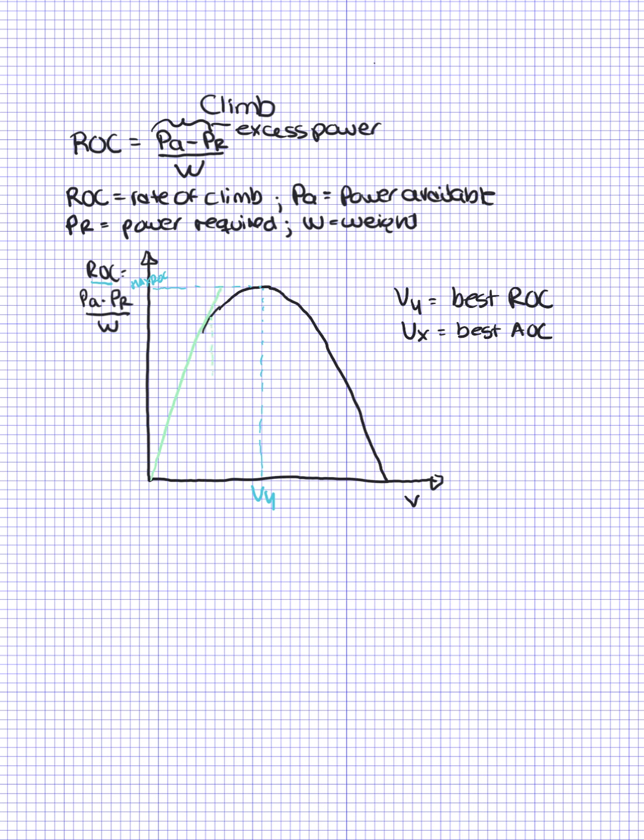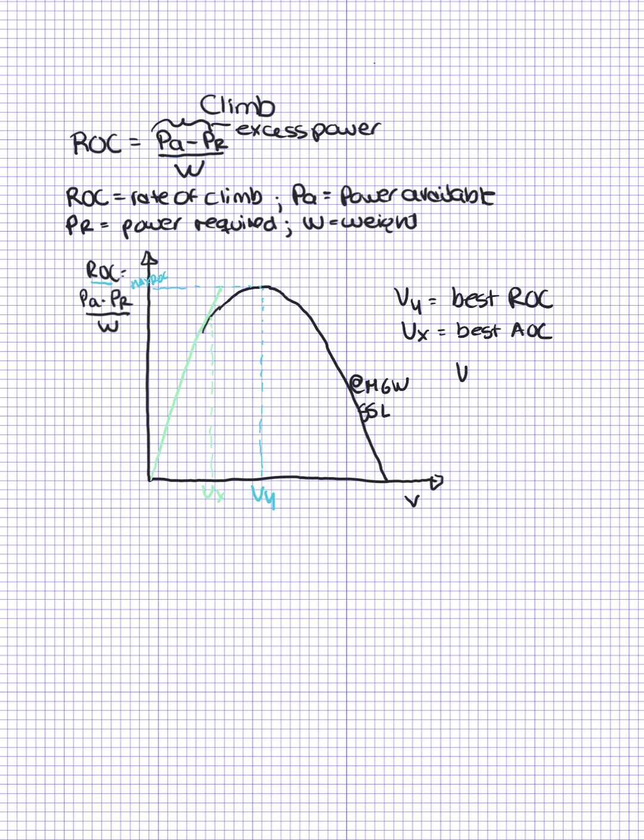And that is going to be Vx. And this is at maximum gross weight, sea level standard conditions. Okay, now if those conditions change, then Vx and Vy are going to change.